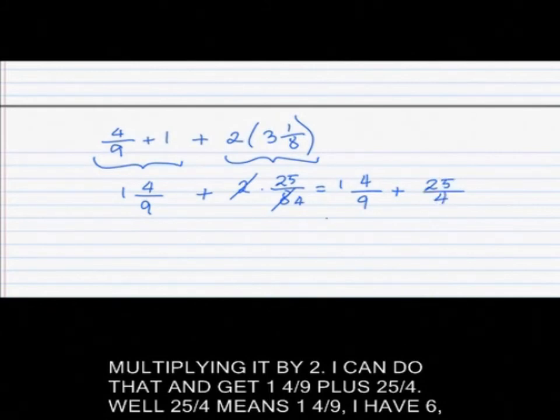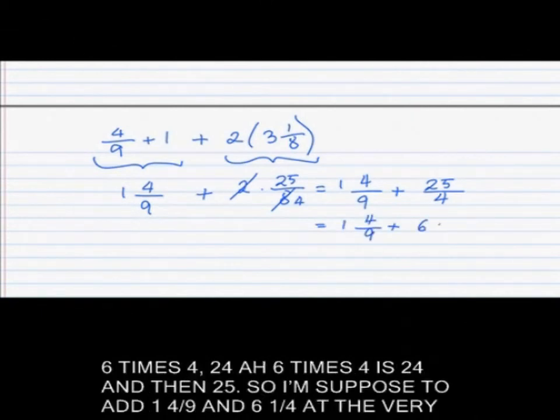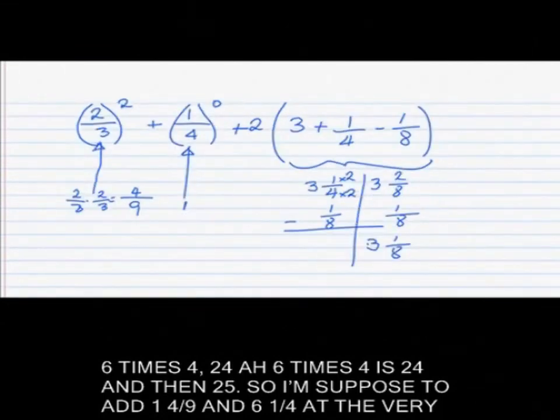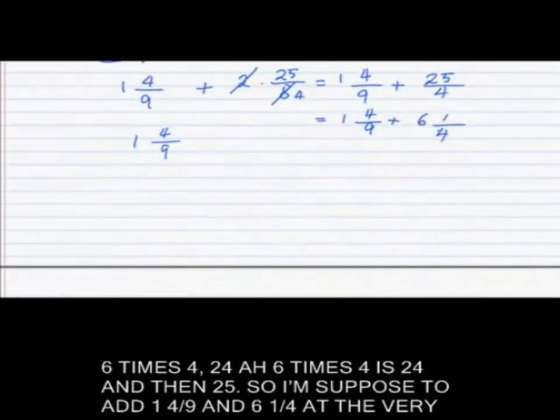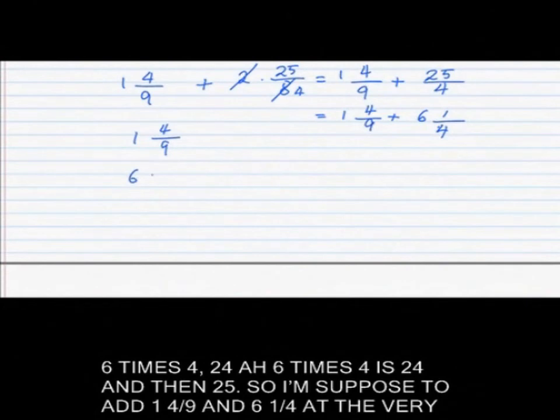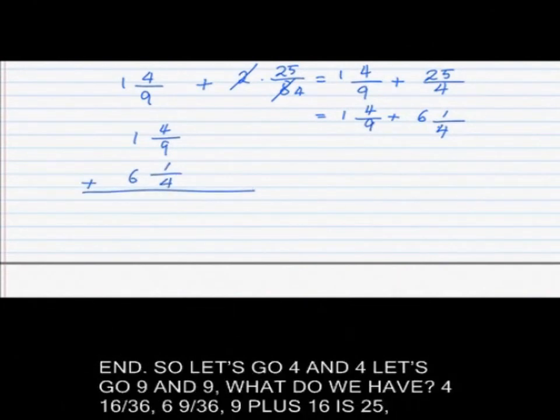Well, 25/4 means 6 times 4, 24, and then 25. So I'm supposed to add 1 4/9 and 6 1/4 at the very end.